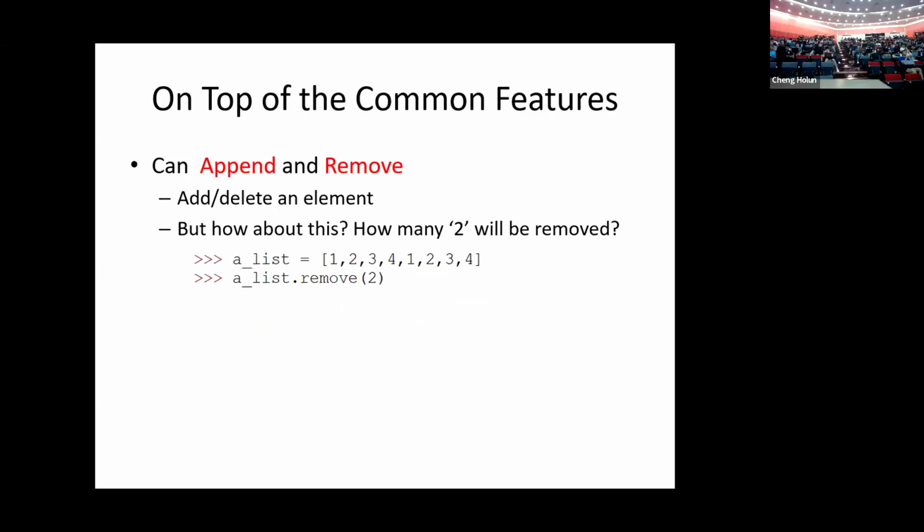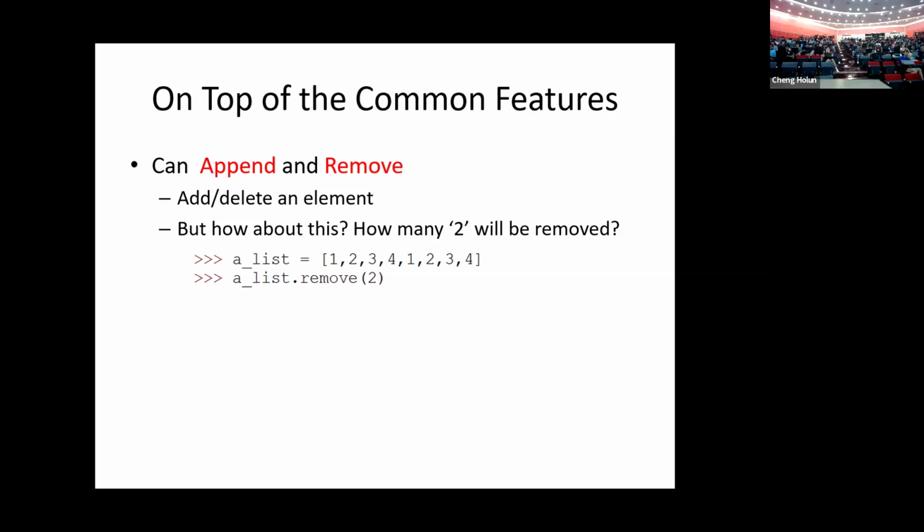How about this? You remove something, right? What if I have multiple copies of that something in the list? For example, you can see that in my list, I want to remove the number 2. But now I have two 2s there. How many 2s will I remove?